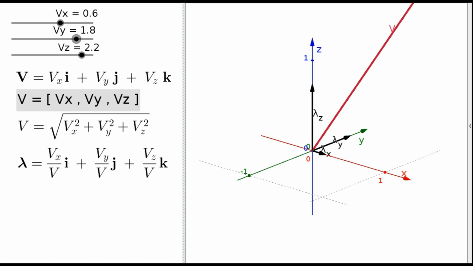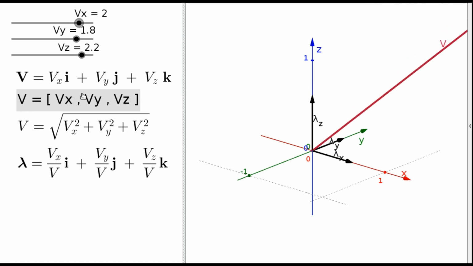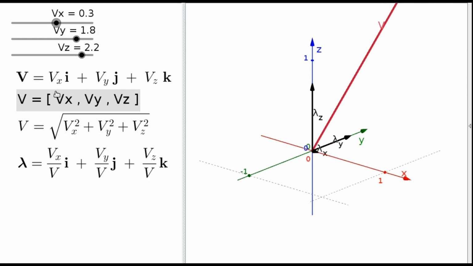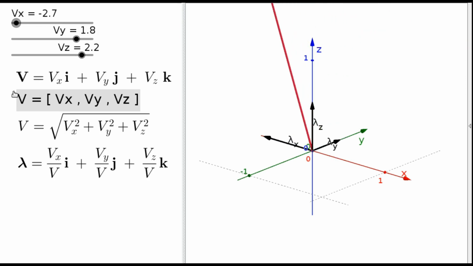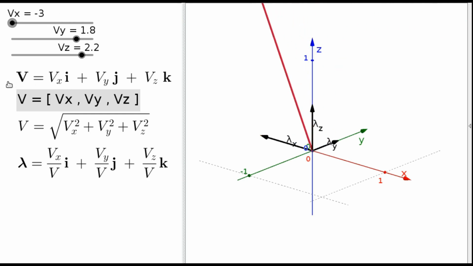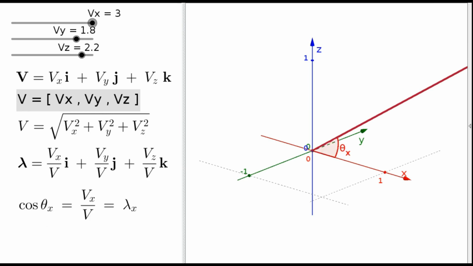If I make the x component bigger, we see the other 2 components get smaller. And make the x component smaller, and the other 2 components get bigger. The numbers may be negative if you're pointing in the negative direction. Again, the sum of the squares of these components is 1, so it's magnitude 1.